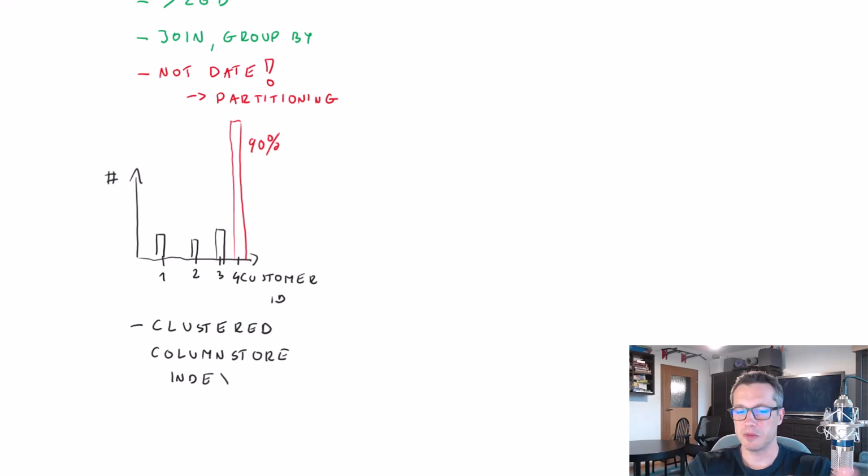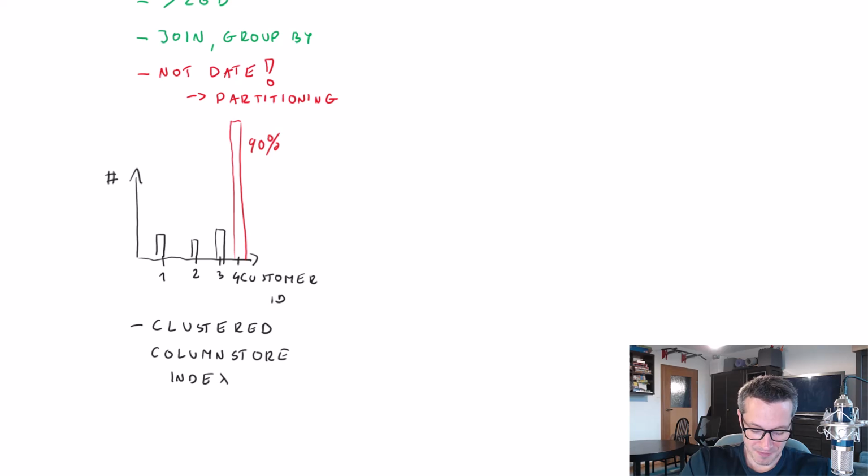Without going too deep into details, column store index is something similar to what Parquet and Delta do. It organizes your data physically in columns, which gives some advantages when it comes to analytical queries like the ones that we run on our data warehouses.